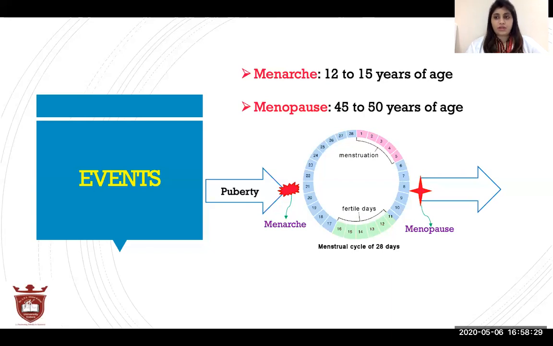At the age of 45 to 50 years, it permanently stops. That is called menopause.